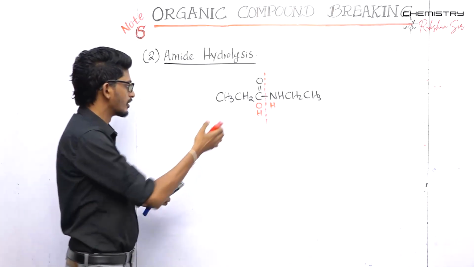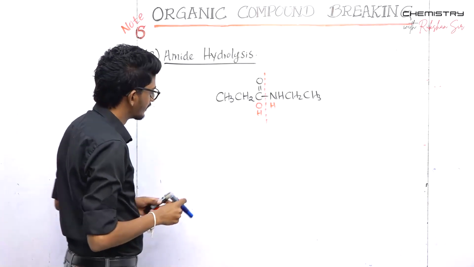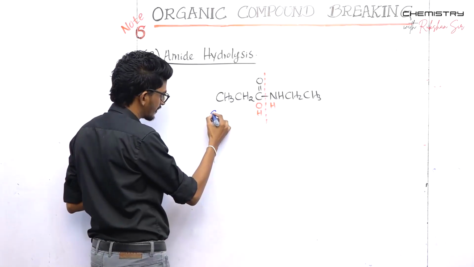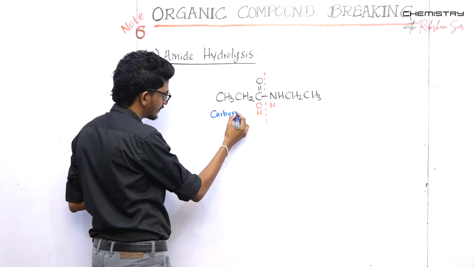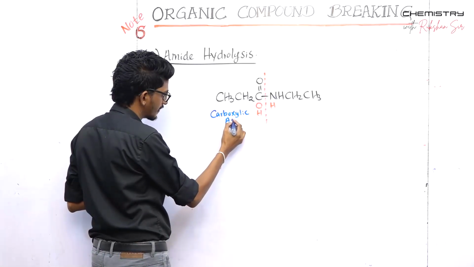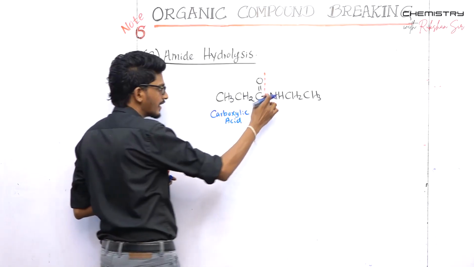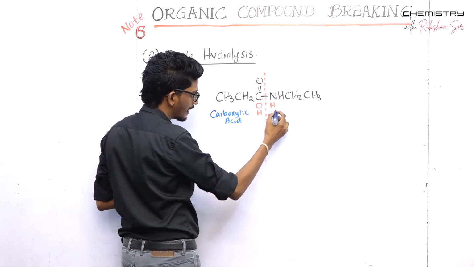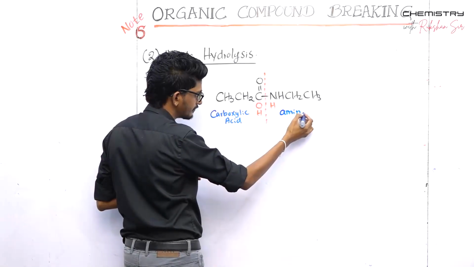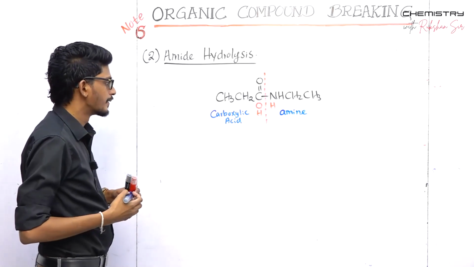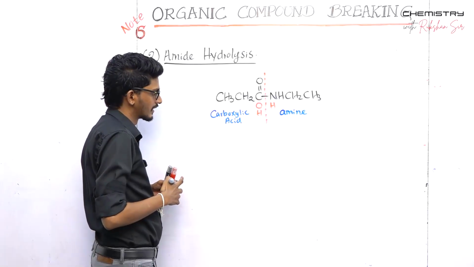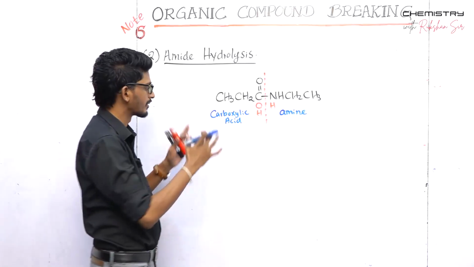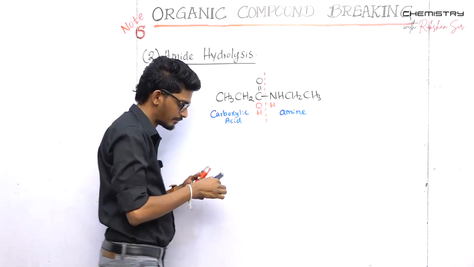Okay, so with the amide hydrolysis, we would think theoretically the carboxylic acid and the amine, CH3CH2NH2, the amine, those are the primary products theoretically from an amide hydrolysis. The primary products are the carboxylic acid and the amine.